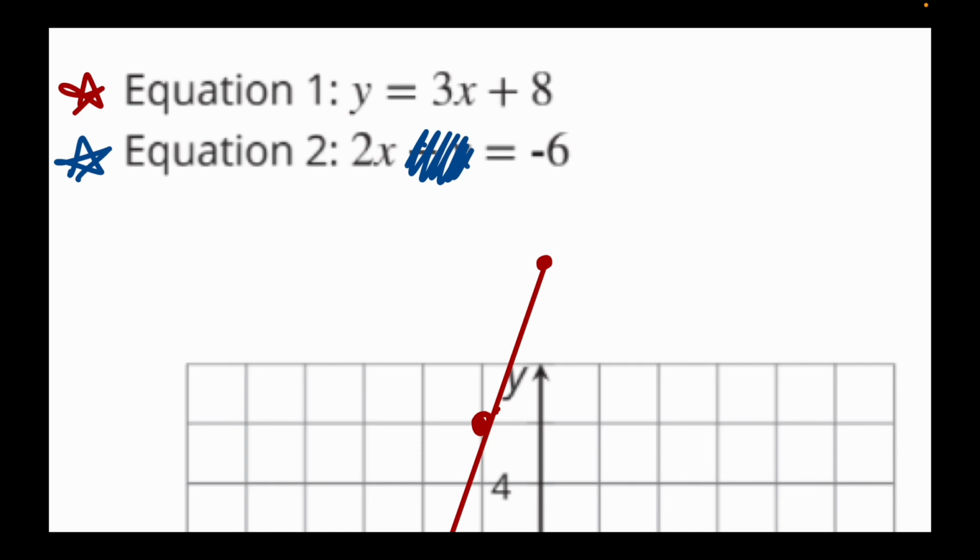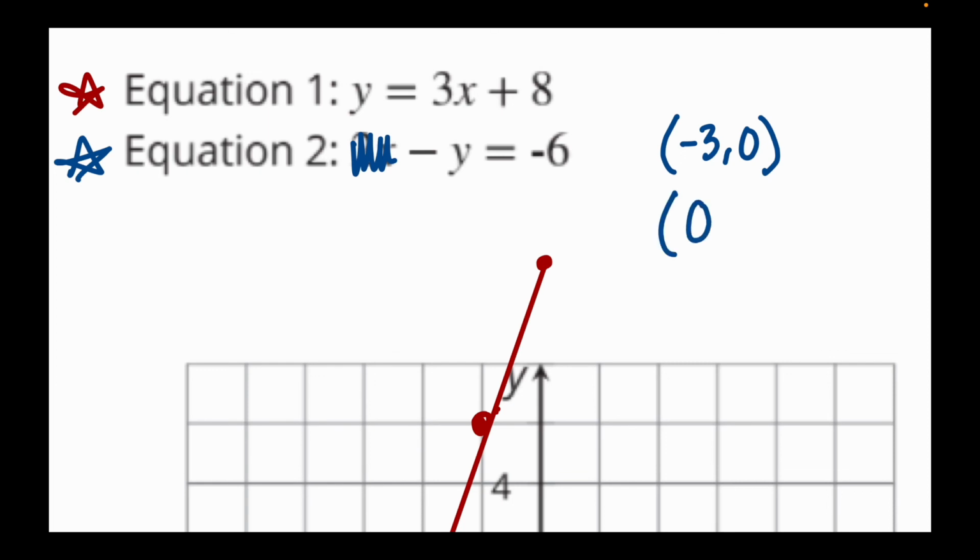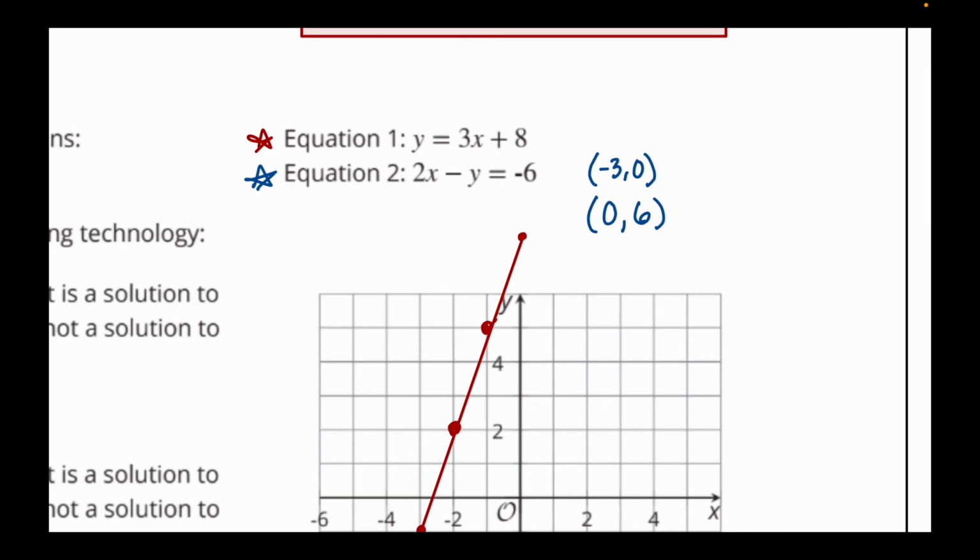So my x-intercept would be -3 when I divide everything by 2, so -3 comma 0. And then if I plugged in 0 for 2x, I would have -y equals -6. So that means positive y is +6. So I'm going to use both of those as my intercepts and just graph between them.